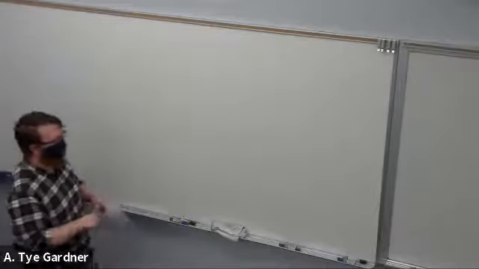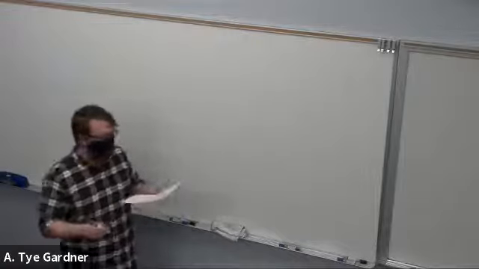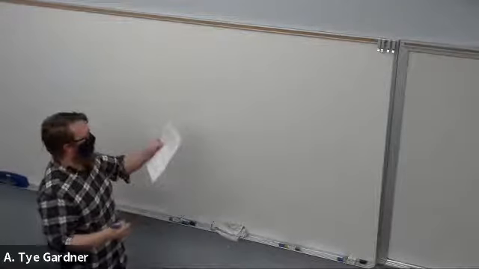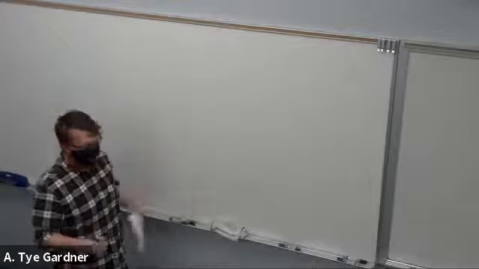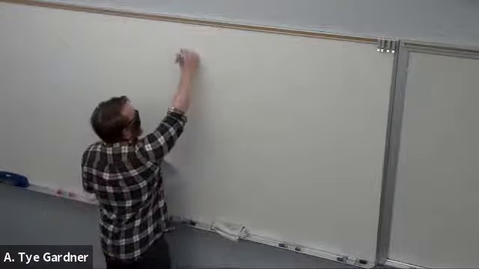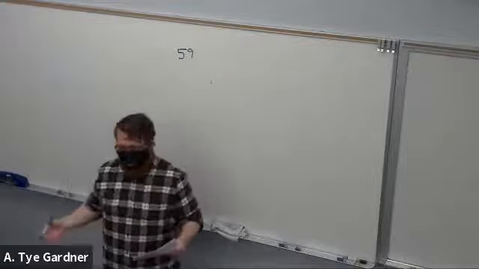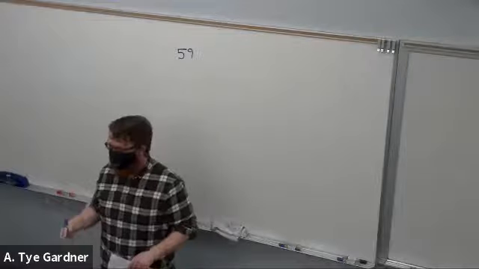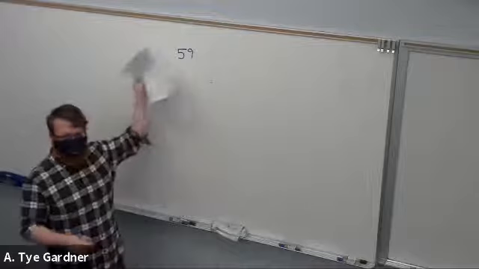So the way I did the final last time is I started off with some easy ones that should just be 3 points. The first question was: convert the following decimal numbers to 8-bit binary. So I did something like 59. This is going to be open notes, open book, open internet, right? So the first thing you could do is just type in decimal to binary conversion.